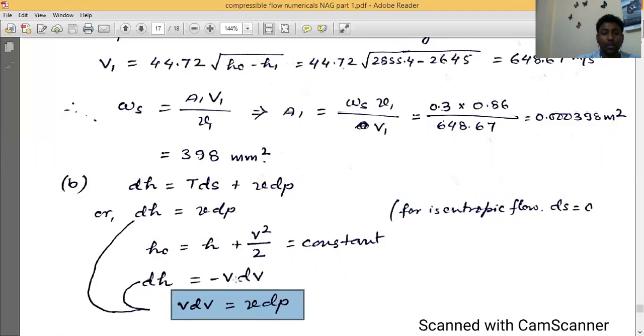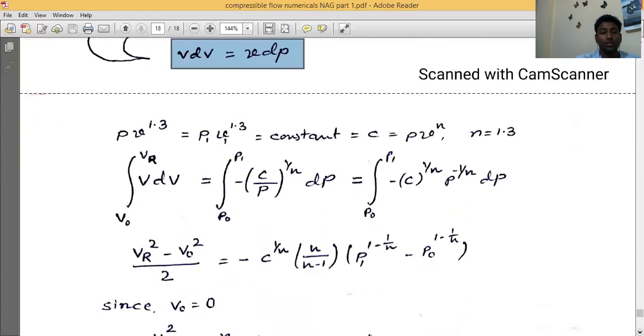So pressure, volume, and in terms of velocity, we can have a relation of pressure and volume for isentropic flow as PV^1.3 is equal to P1 V1^1.3.